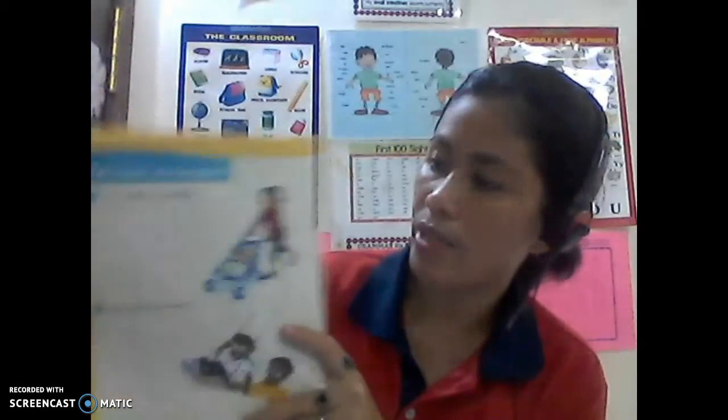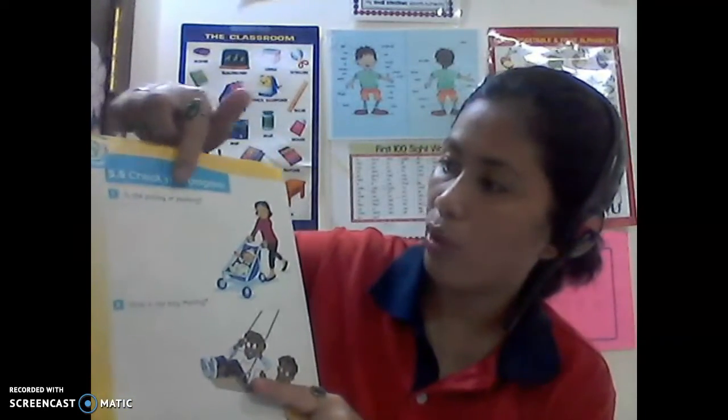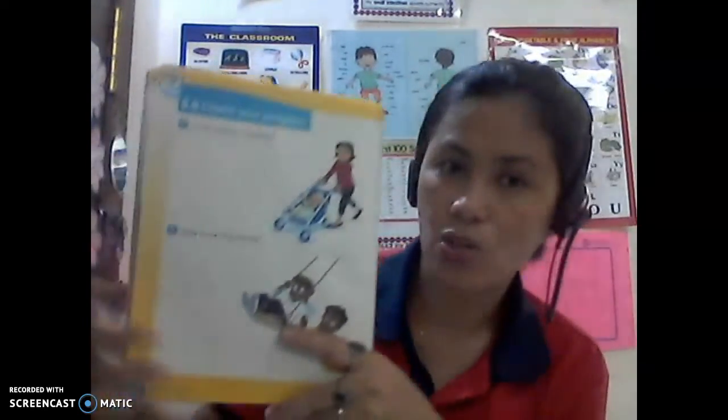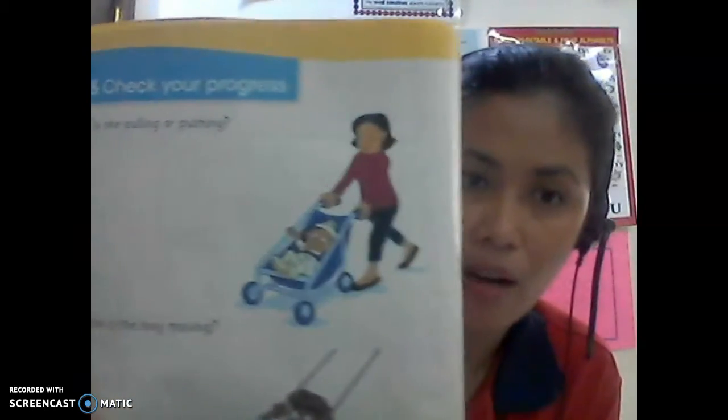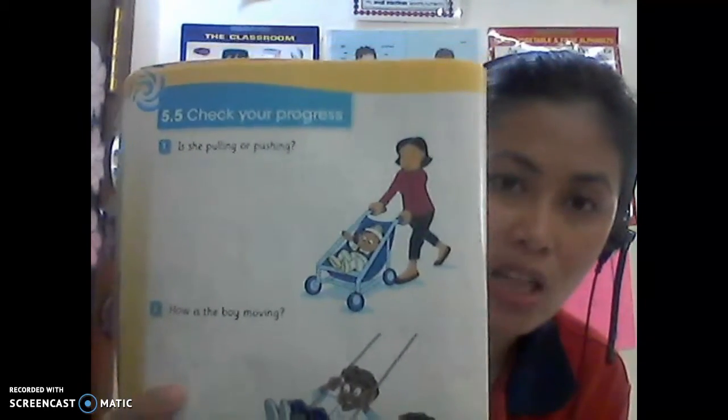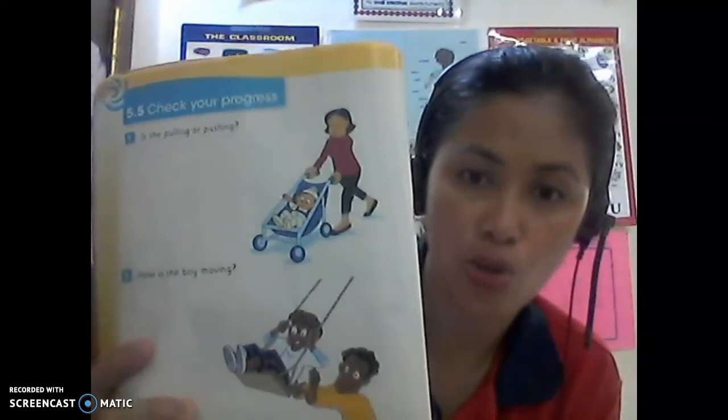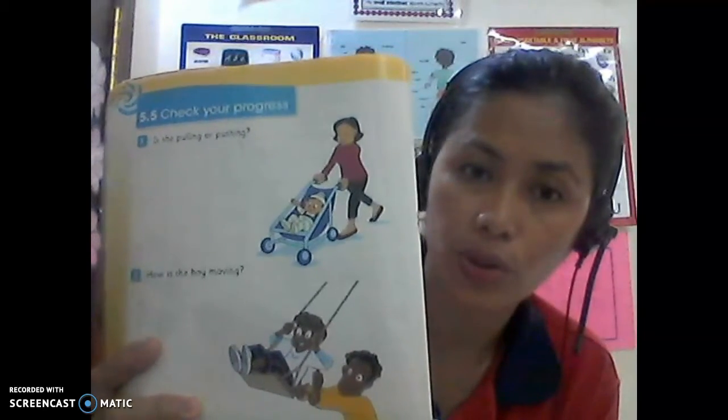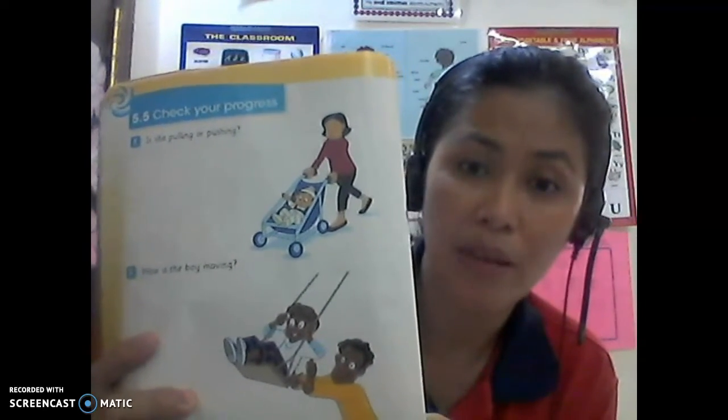Here you will see, is she pulling or pushing? In the picture, the mom is pushing the baby in the stroller. Or it could also be that the mom is moving backward.